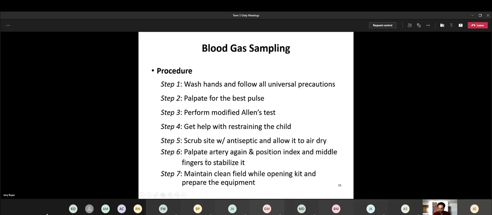And then of course you prepare your site. Usually alcohol is good enough. I would be cautious of using the iodine, because you just never know who's got an allergy to iodine. And then the process of finding the best place to insert, just like where the pulse is the strongest.